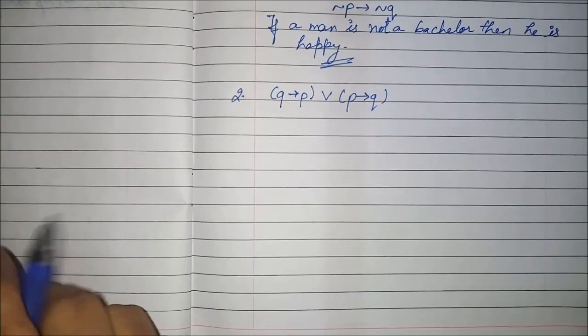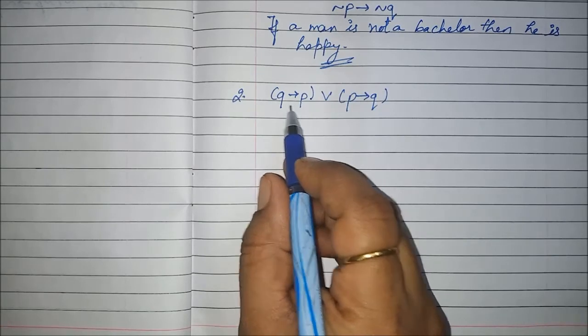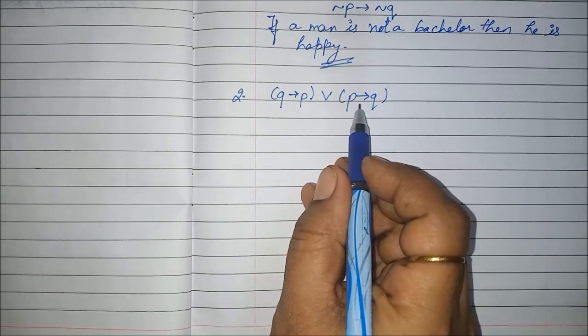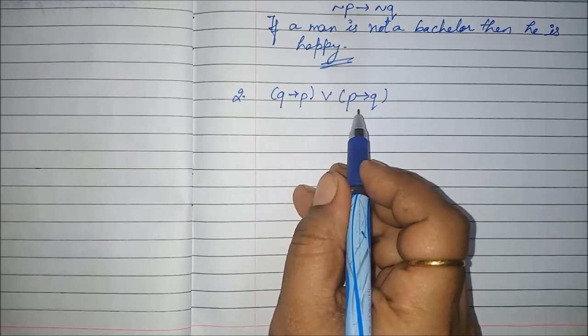Now second question is: prove that the statement pattern is a tautology. We have to prove that this statement pattern is a tautology. For this we have to draw the truth table.